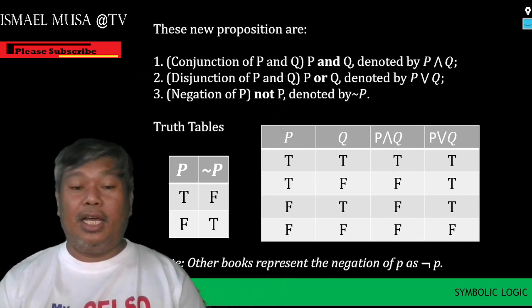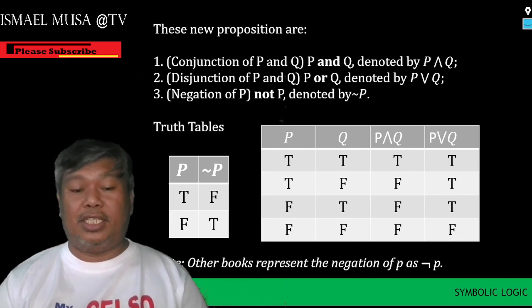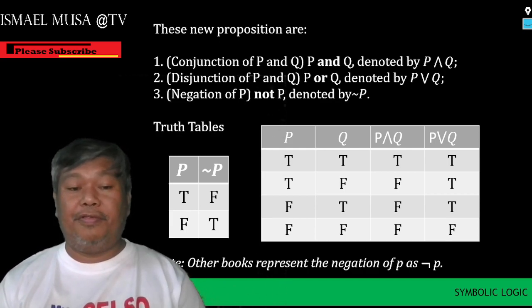Again, in terms of disjunction, you can also see that the statement P or Q is false only when both P and Q are false. Take note of that. That's our observation. I hope you follow.